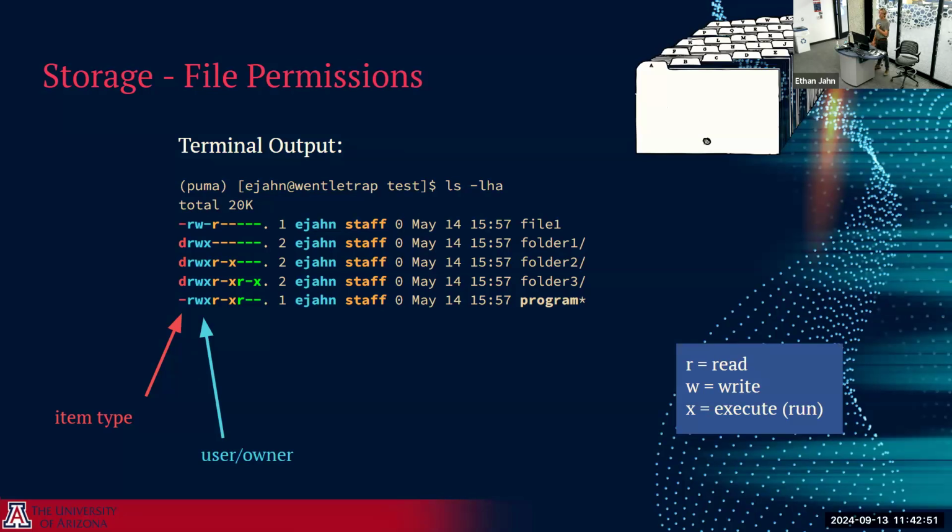That's my username, indicating that I'm the owner of that file or folder, and that the permissions in blue are the ones that correspond to each of those items. On the right, you can see our legend. r refers to reading, w refers to writing, and x refers to execute, or running, a particular item.